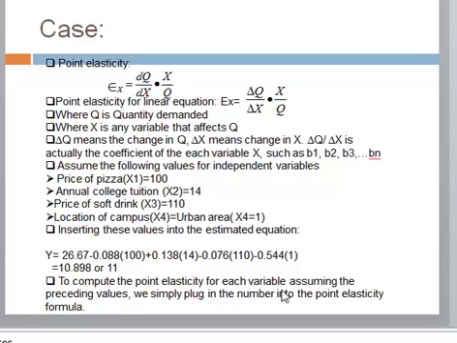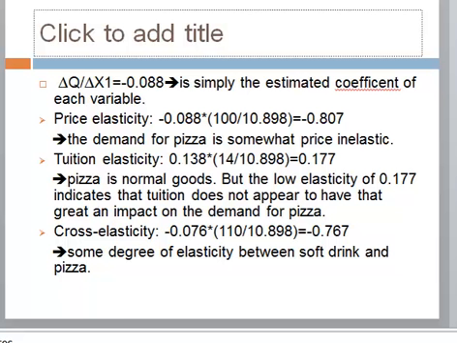To compute the point elasticity for each variable, assuming the preceding values, we simply plug the numbers into the point elasticity formula. So now we can calculate the elasticity for our variables. The first one, for x1, is the price of the pizza. Price elasticity is the change in quantity divided by the change in x1, which is the coefficient for x1, 0.088.